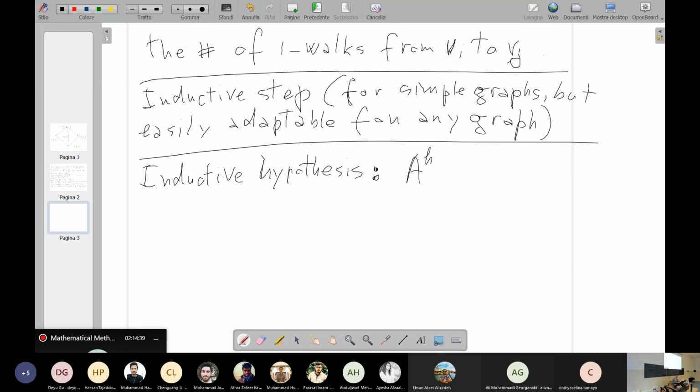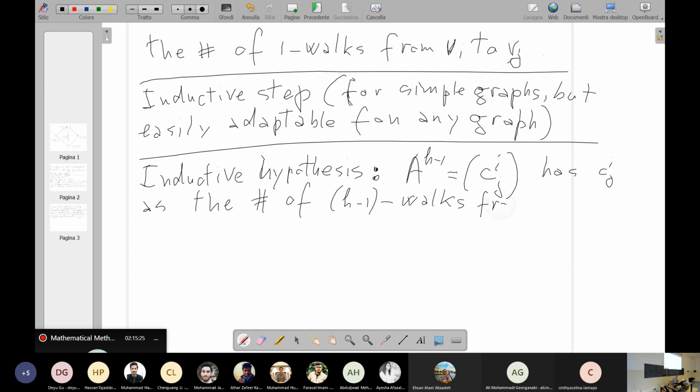A raised to h minus 1 equal, let's call it the matrix of Cij, has Cij as the number of h minus 1 walks from Vi to Vj.